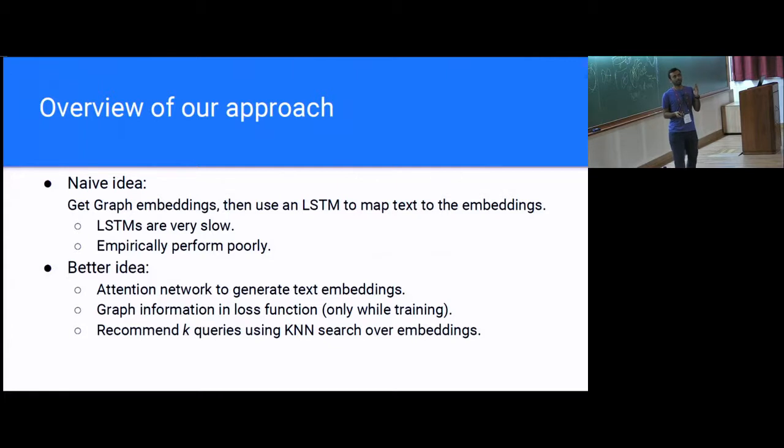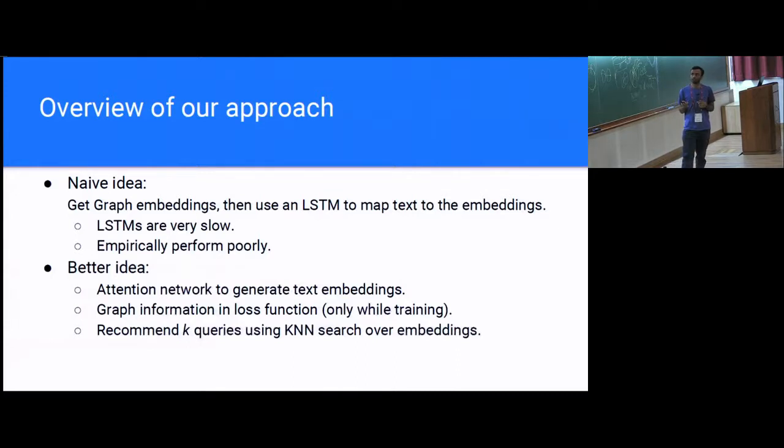When you have hundreds of thousands of queries, the training starts becoming really slow. Plus, empirically, this doesn't perform too well because we noticed that LSTMs tended to overfit to the text part of it instead of really getting the graph behavior. So those are two problems that this kind of an approach faces.